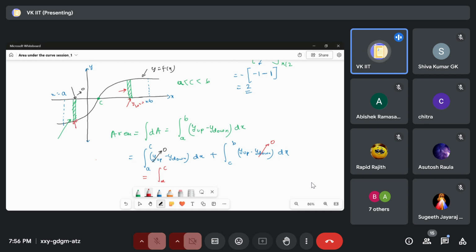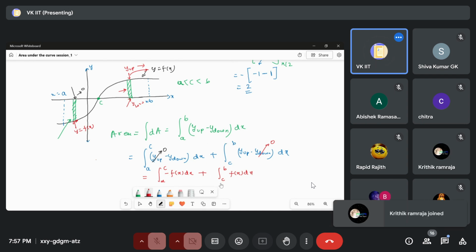Where is y down? On the curve. So y down is nothing but y equal to f(x). So it will become minus f(x) dx, plus, similarly, C to B. In this case, y up is nothing but the function f(x) dx. That's how you're going to write the answer for this part. Is that clear?